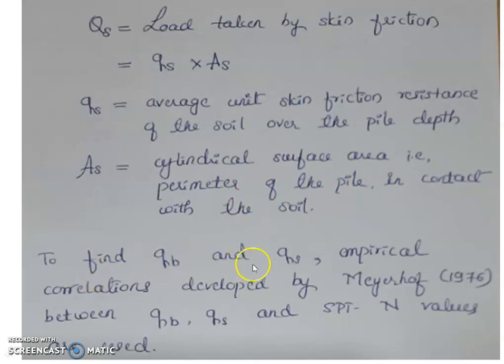To find qb and qs, empirical correlations which were developed by Meyerhof in 1976 will be used, and those give relation between qb, qs and SPT N values.